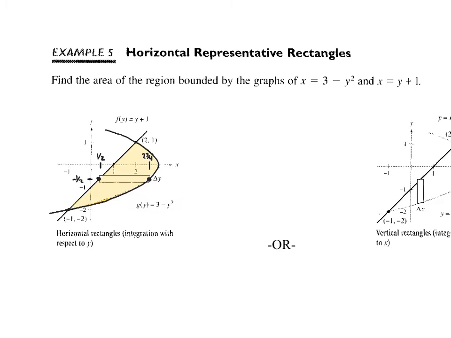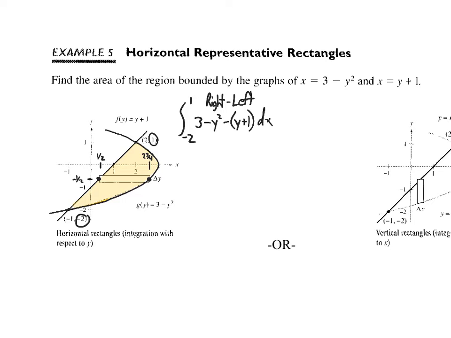So if I'm going to do the integral, I'm going to do the integral from y equals negative 2 up to positive 1, notice here, negative 2 to positive 1, of the 3 minus y squared minus the y plus 1, right minus the left.